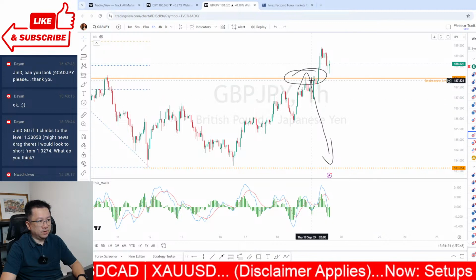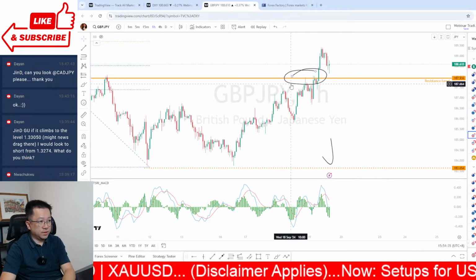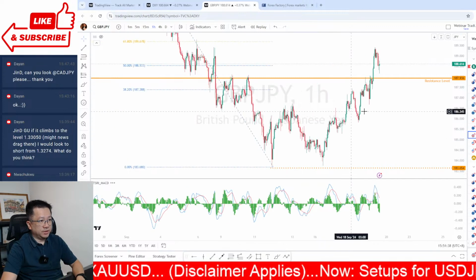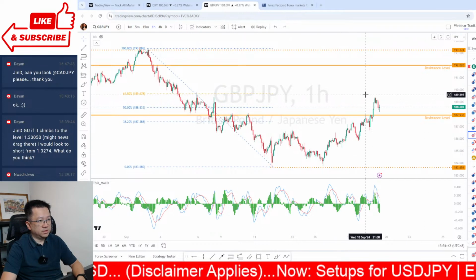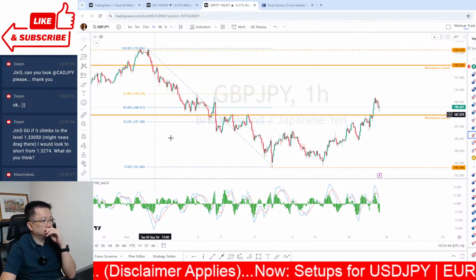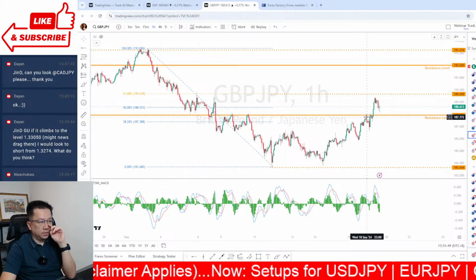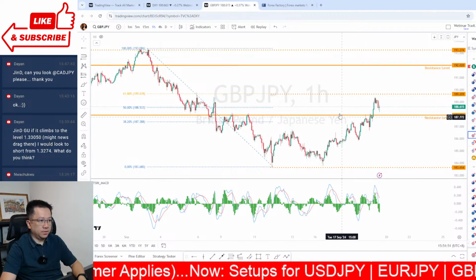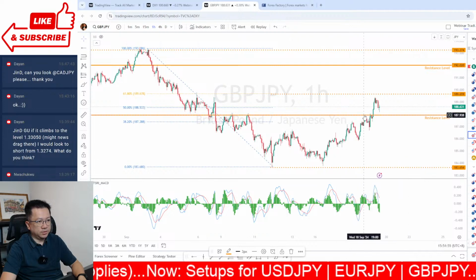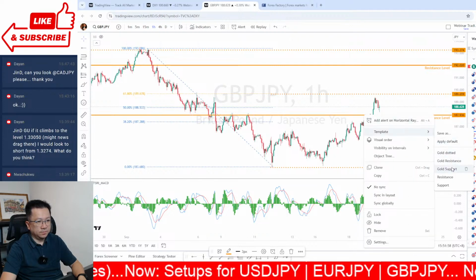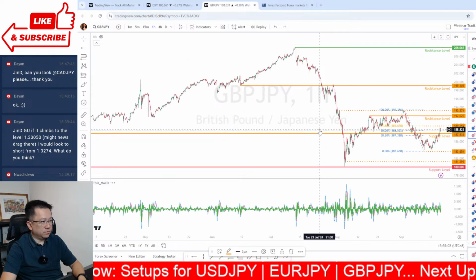Then onto the pound yen, pound dollar with the news tonight. So it's 61.8 right there. That's my resistance now turned support. Why do we have this level?